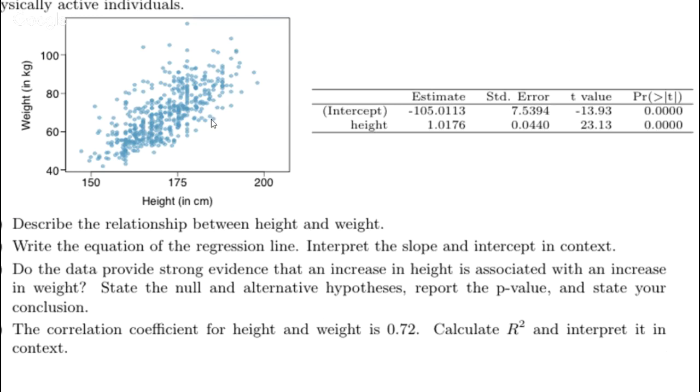What is R squared? Now it's just the square of that. I don't know what 0.72 squared is, but it's pretty close to 0.5. 0.52. So how do you interpret that?